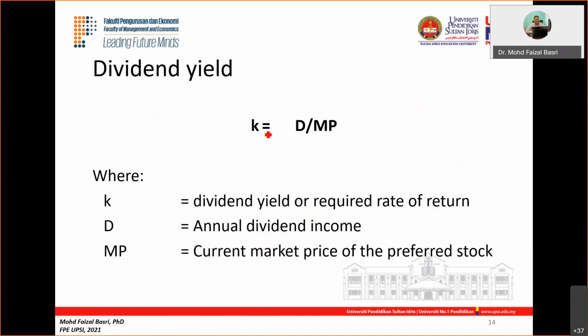But instead of VP, we're going to use the market price. So usually, if the question asks you to find the rate of returns, the K, obviously the price will be given. So the price that we're going to use is the current price. Okay, and the rest are the same. This must be in ringgit per annum.